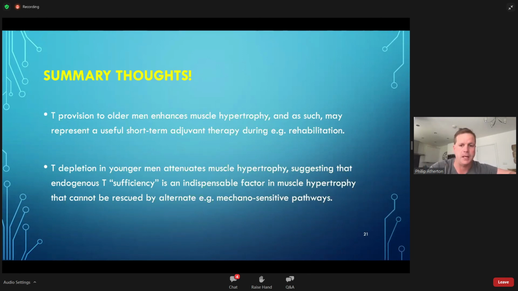And I don't think that conflicts at all with someone like Stu's beautiful study. I just think that if you're in the realms of hypogonadism, that can be a real problem in terms of muscle growth. Thank you, and I'm sorry for talking a little long.